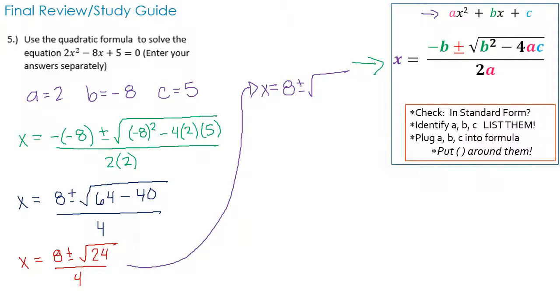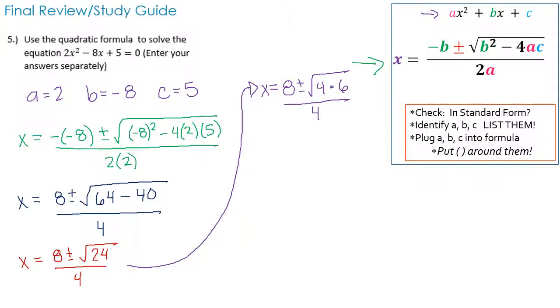So 24 can be rewritten as 4 times 6, and I chose 4 and 6 because 4 is a perfect square. Remember, when you're doing that, you want one of them to be a perfect square. All over 4. So now we can take the square root of 4.